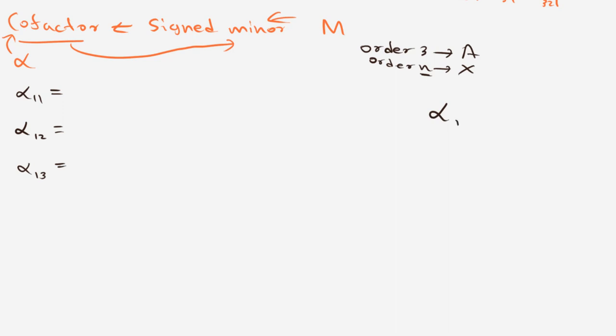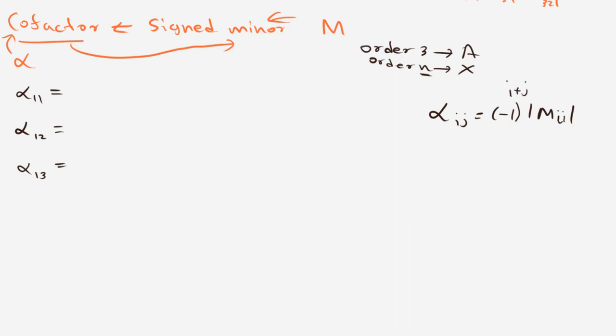specific pattern. So if we need to determine some arbitrary ij cofactor, what we basically do is we get the power of -1 to i plus j, then the corresponding minor M ij.